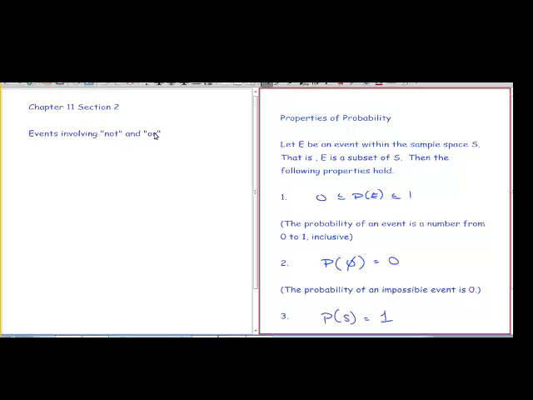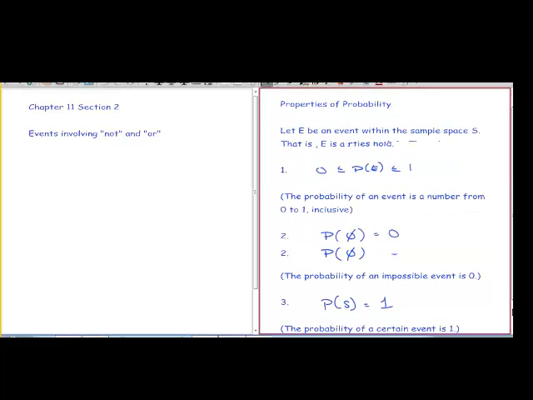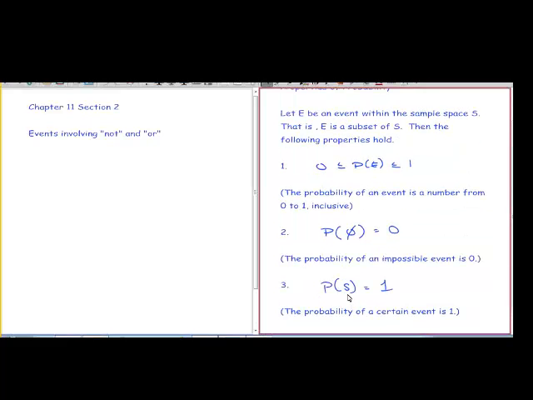So the probability of something never happening is 0. And S probably means something like certain, I would guess, or maybe it means the sample space. I don't know what it means. But a certain event wouldn't be using S, since that starts with a C. So it probably means sample space.